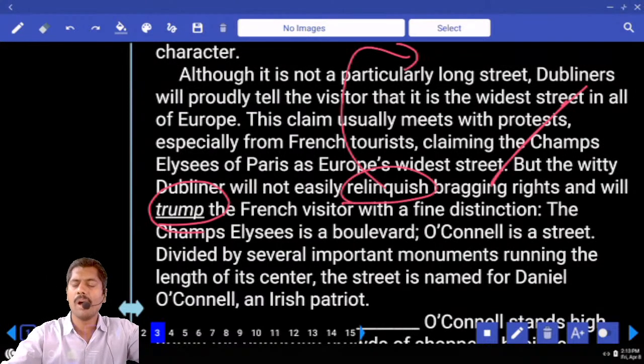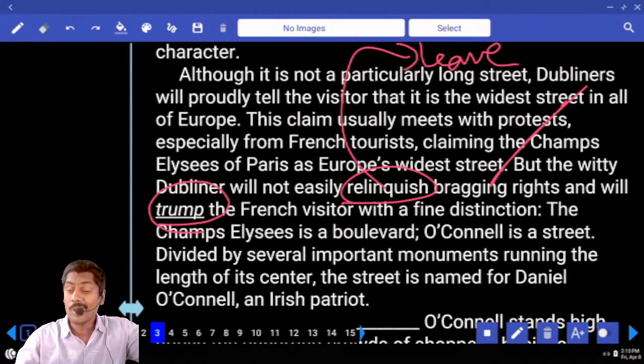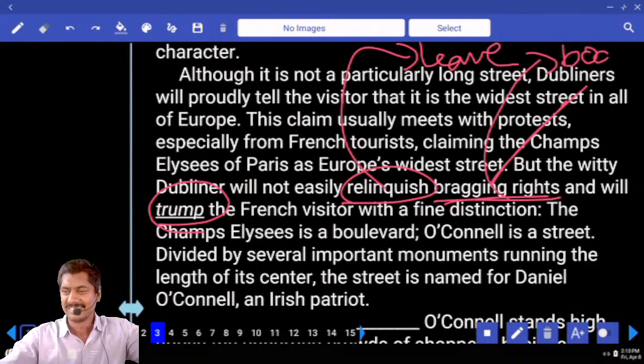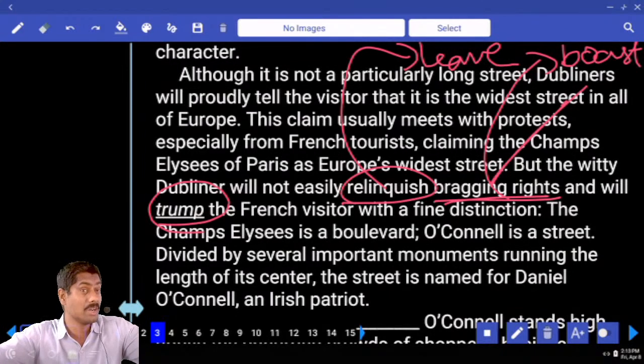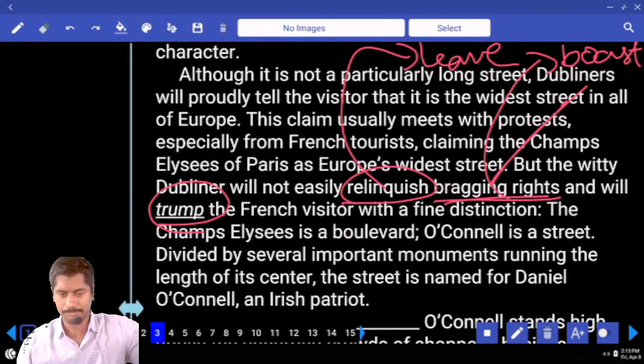Relinquish means give up or leave. He will not leave bragging. Bragging means boasting. A Dubliner will always tell, my city is great, Dublin is this, Dublin is that. He'll be bragging and will trump the French visitor with a fine distinction. If a French visitor comes, he will trump him.